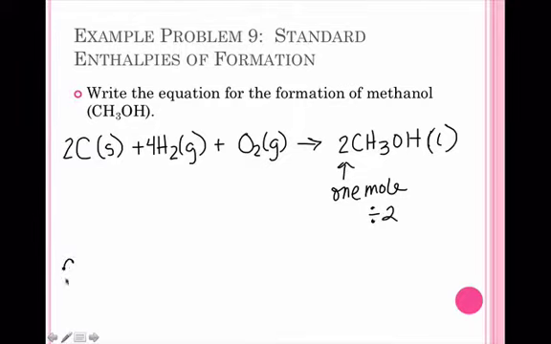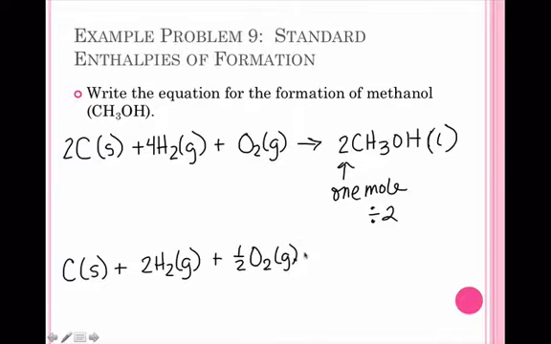So we end up with a carbon plus 2 hydrogens and 1/2 of an oxygen. Oops, there we go. Give us 1 methanol. So there's your equation for the formation of methanol.